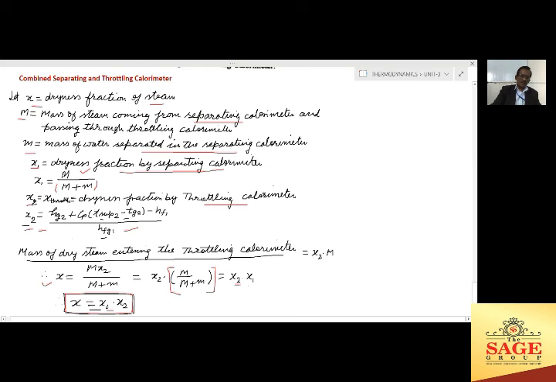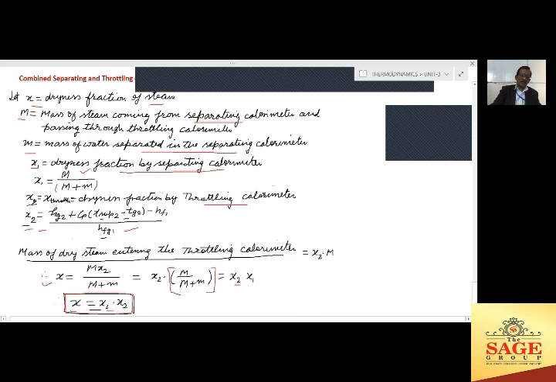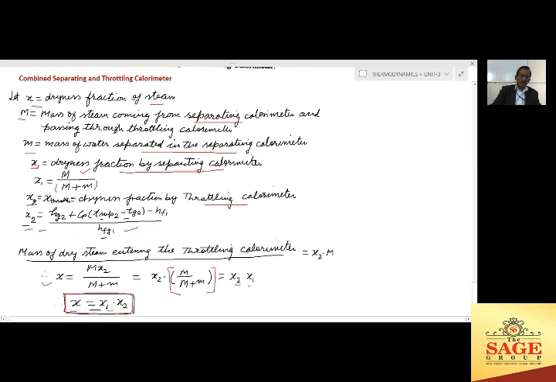We can say this X, the final dryness fraction, equals the product of x1 and x2. Here x1 is the dryness fraction from the separating calorimeter and x2 is the dryness fraction from the throttling calorimeter. So first we determine the dryness fraction with the help of the separating calorimeter, and then with the throttling calorimeter. By using these two setups combined, we are able to find the dryness fraction accurately.